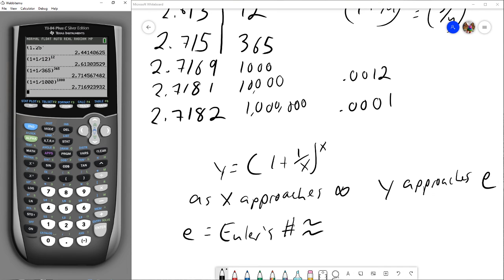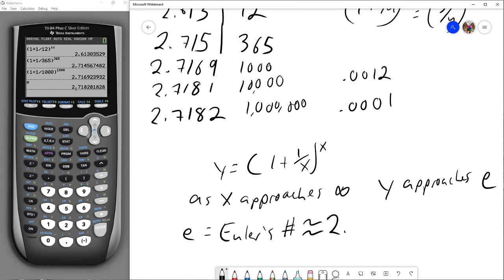Second, get out of there. Second, if you notice there's a little e right here above the division. To access it, you hit second, and then the division. There's e. 2.71828 dot dot dot. And hey look, that's the first 4 digits right here.